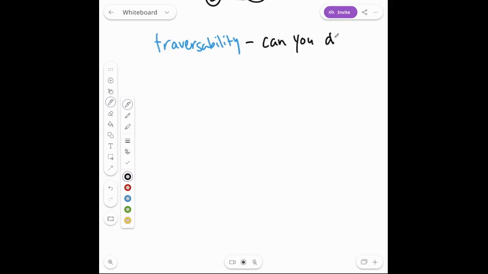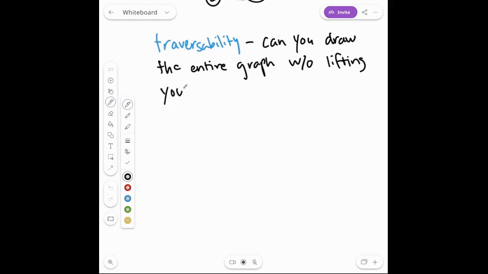Basically, can you draw the entire graph without lifting your pencil or repeating edges? If the answer is yes, then the graph is traversable.